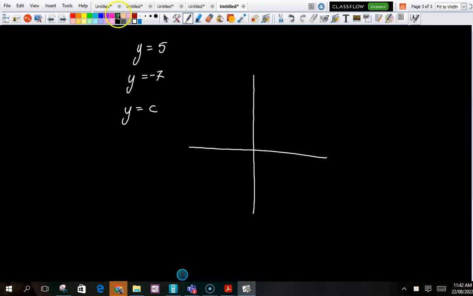I could have a diagonally straight line, but y equals 5, y equals -7, y equals any constant is always going to be a horizontal line. And what do we know about the slope of a horizontal line? 0. So think about what it is that you're actually doing to put everything in context, and I think that helps with your understanding, I hope.